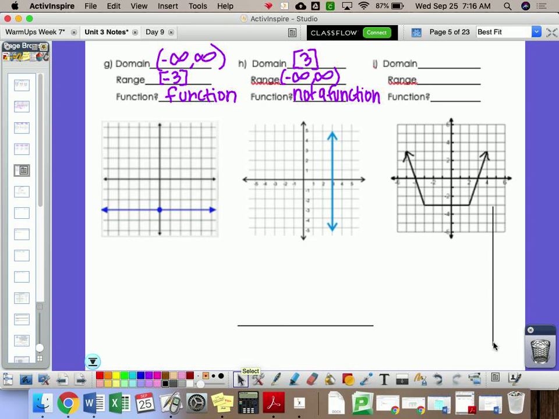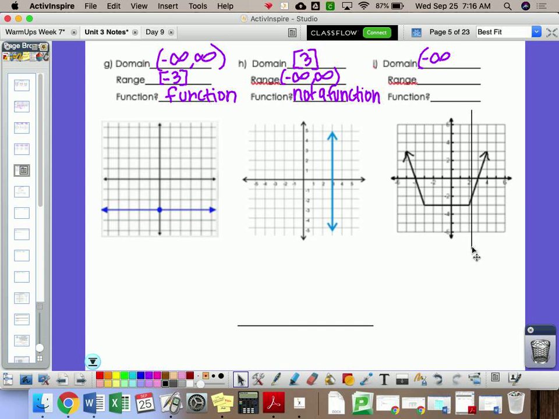Okay, last example. Our domain, let's use our vertical line. And I want to look, I start touching an arrow, which means that I am starting at negative infinity. And then when I continue to drag my line across this, I end by touching an arrow, which means it's going on forever.